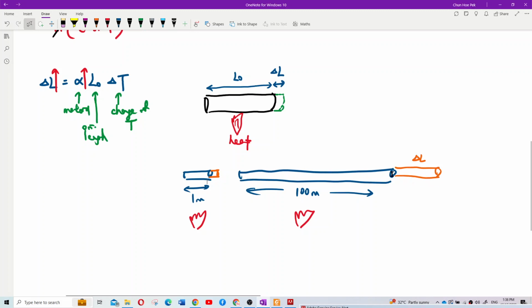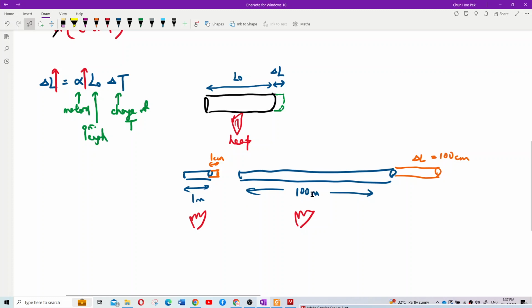If 1 meter can expand 1 cm, what about 100 meter? Of course, it expands 100 cm. Correct or not? It's proportional.